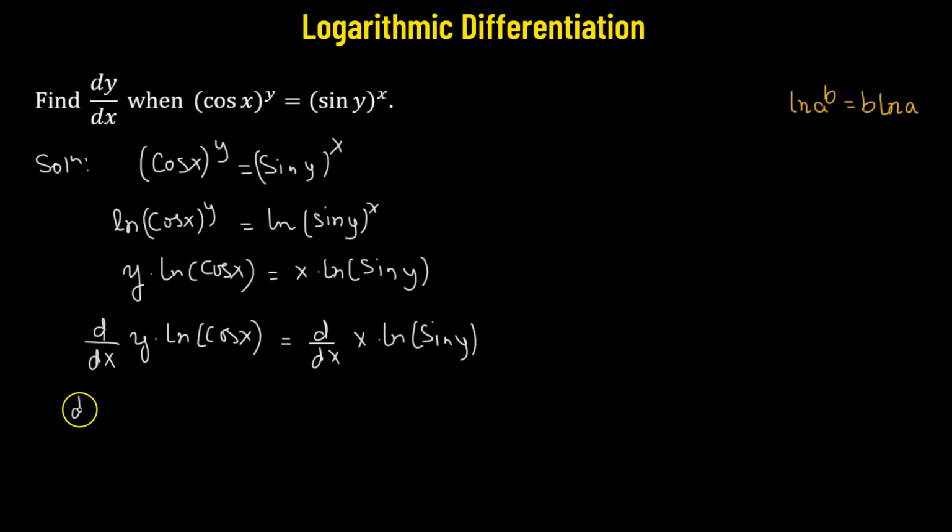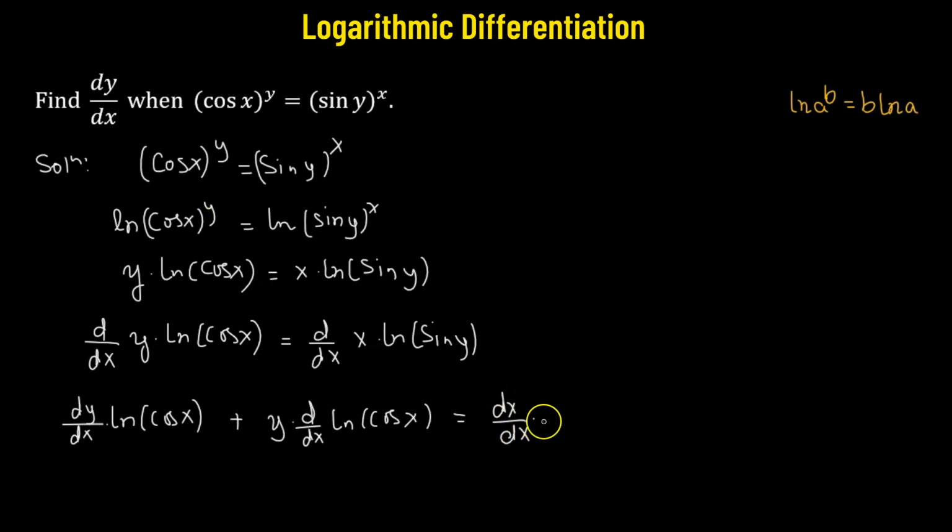Here we have derivative of y with respect to x multiplied to log of cosine x, added to y multiplied to derivative with respect to x of log of cosine x. On the right hand side, we have derivative of x with respect to x multiplied to log of sine y, added to x times derivative with respect to x of log of sine y.